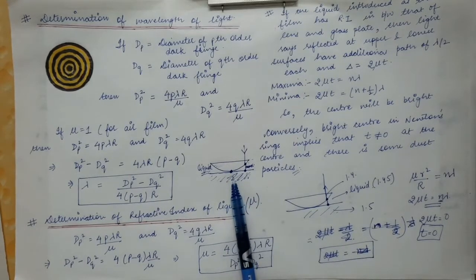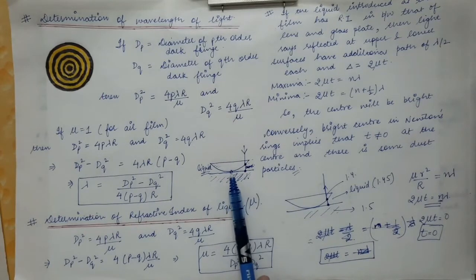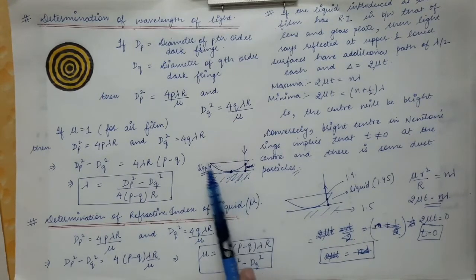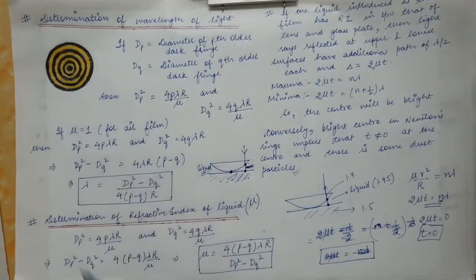So there is some optical path difference which is introduced, and hence instead of a dark fringe we get a bright fringe. Therefore the main precaution in the Newton ring experiment is that the lens and the glass plate should be perfectly cleaned. There should not be any dust particles.